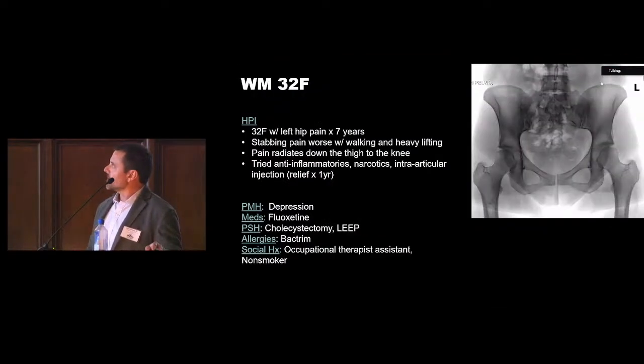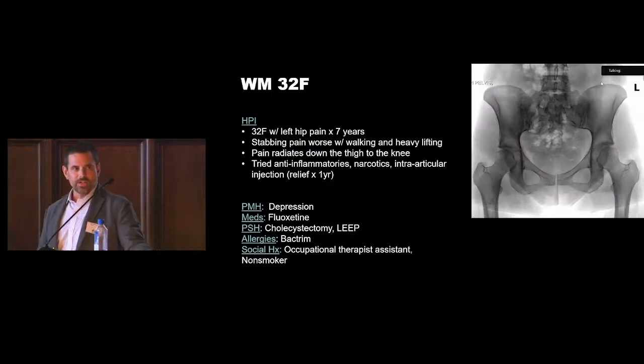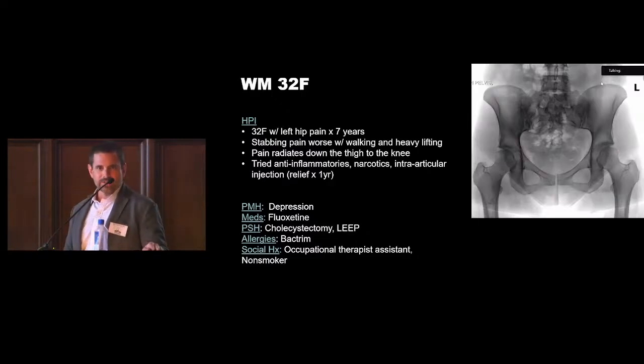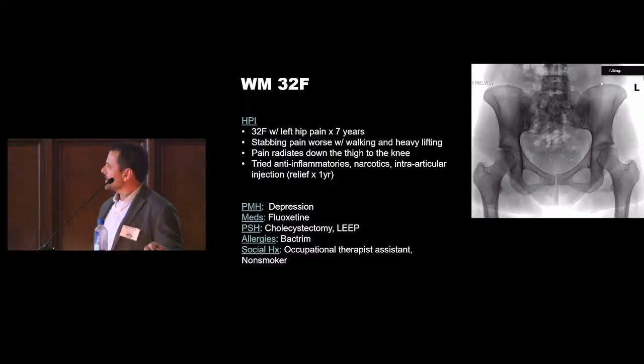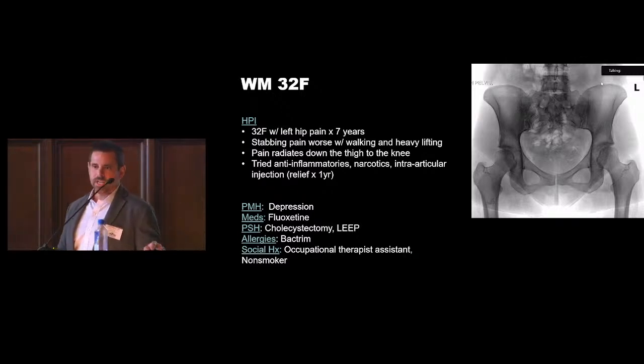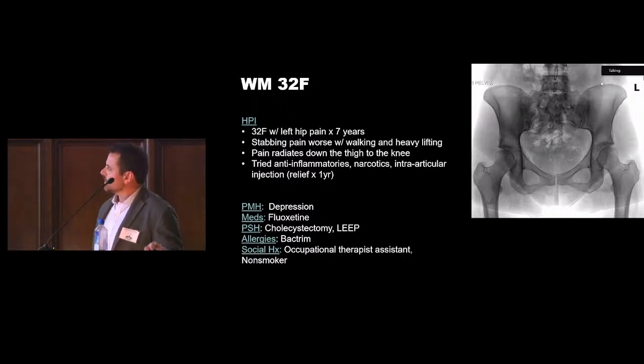So this first case, I realized after I assembled all these slides that the first three cases are all 32-year-old females. It's accurate, it's just coincidental. But I think this is the gray area for many of the patients that have some early arthrosis, so I'm hoping it generates some controversy. This woman had pain for 7 years, typical symptomatology.